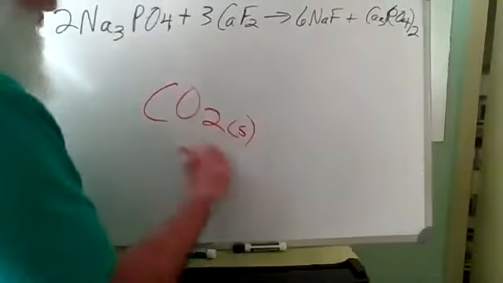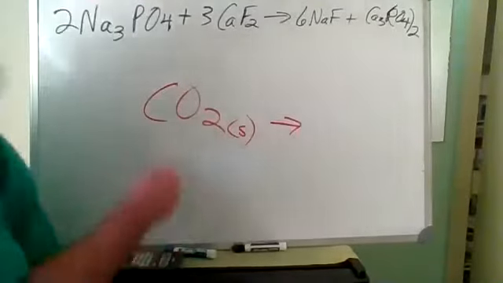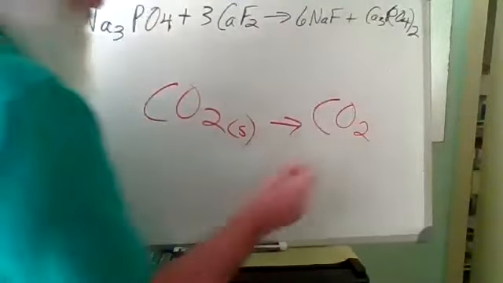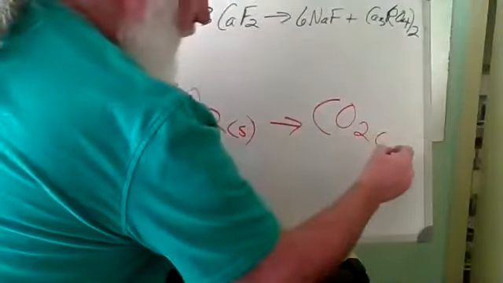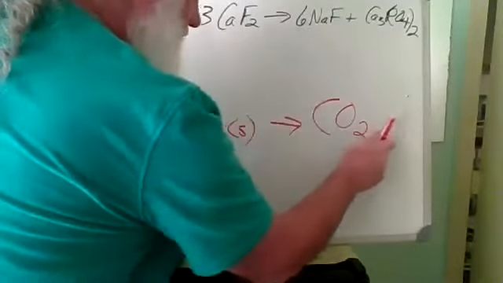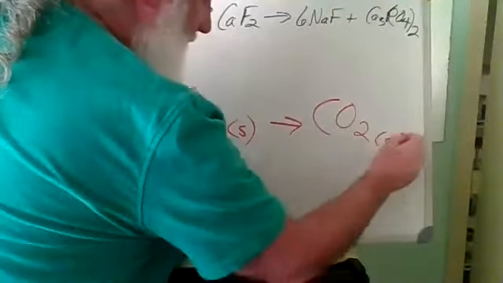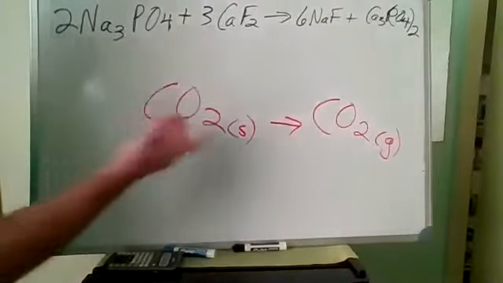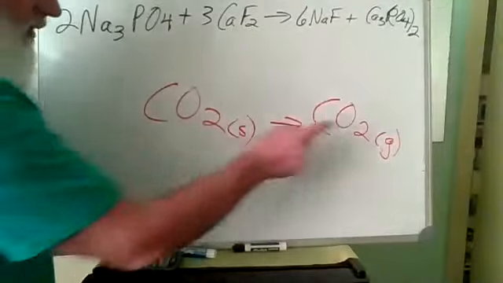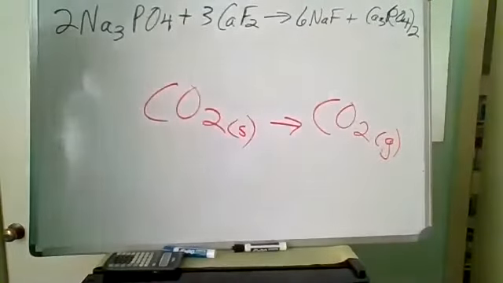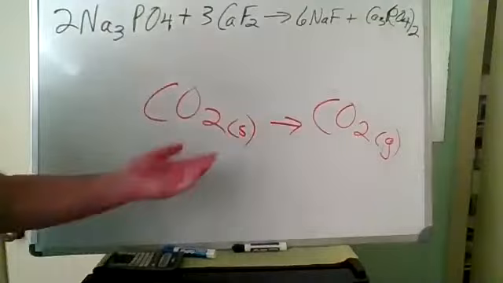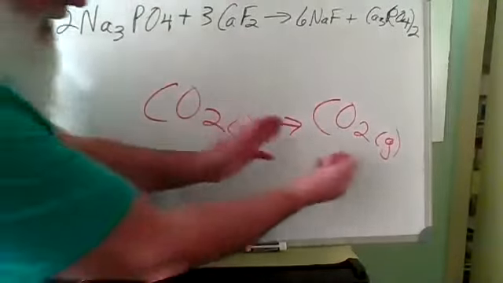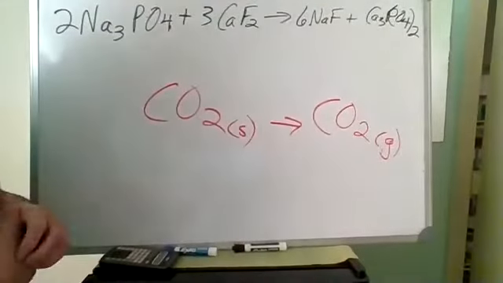We can let that warm up and it's going to disappear, and it's not going to turn into carbon dioxide liquid, but carbon dioxide gas. So this is sublimation, where a substance goes straight from the solid state to the vapor or gaseous state. Okay, so here, this is clearly a physical change. The chemical formula of the reactant is identical to the chemical formula of the product.